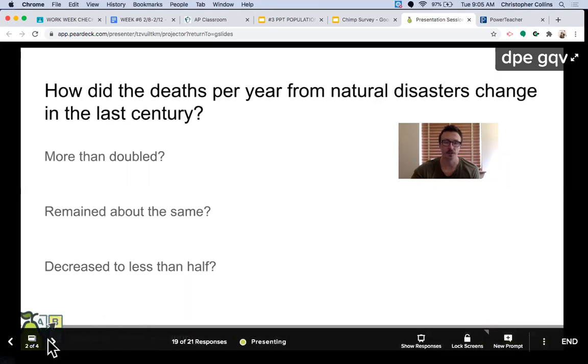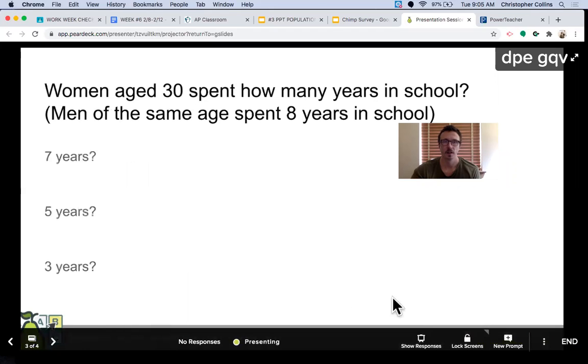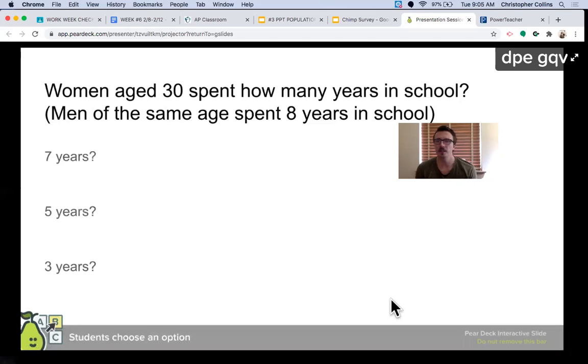Okay, next question. Women aged 30, right? So women who are currently age 30 on planet Earth, how many years do you think they spent in school? Men of the same age spent on average 8 years. So women alive on planet Earth today who are age 30, we're talking the global average, 7 years of education, 5 years of education, or 3 years.